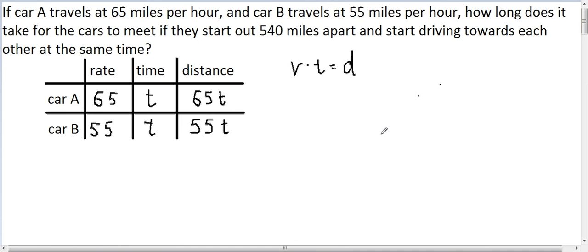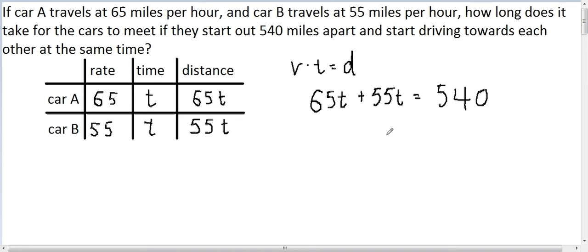The problem also tells us that in the time t hours, the total distance traveled by both cars would be 540. So let's go ahead and add these distances together, 65t and 55t. And the sum is equal to 540.